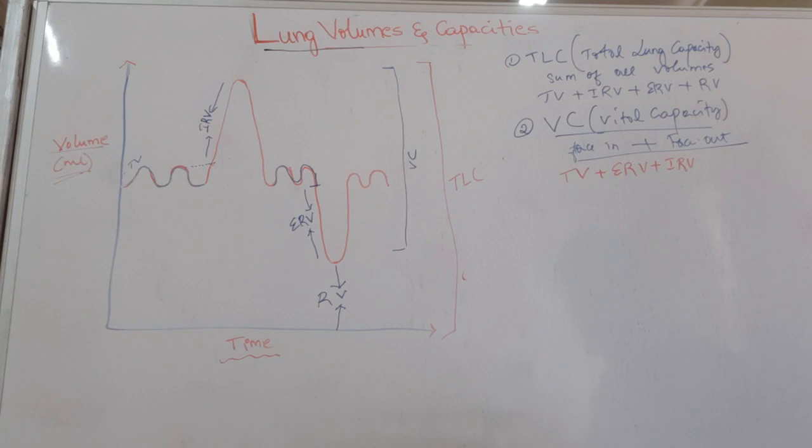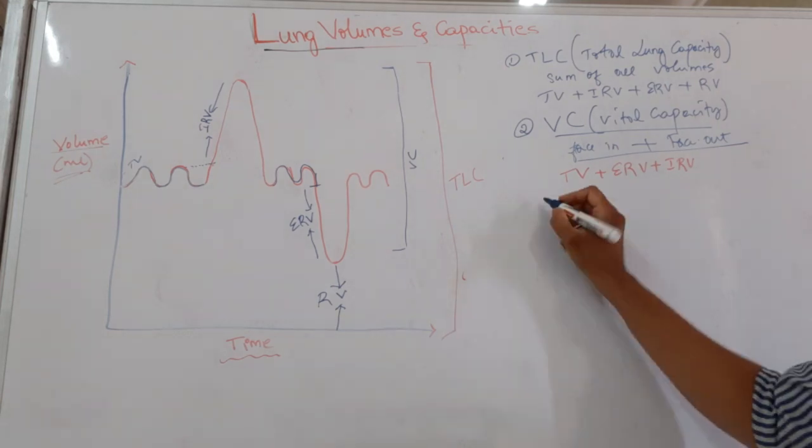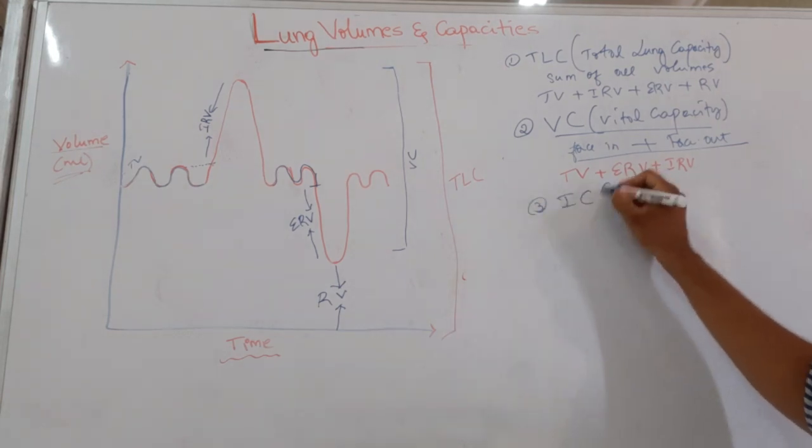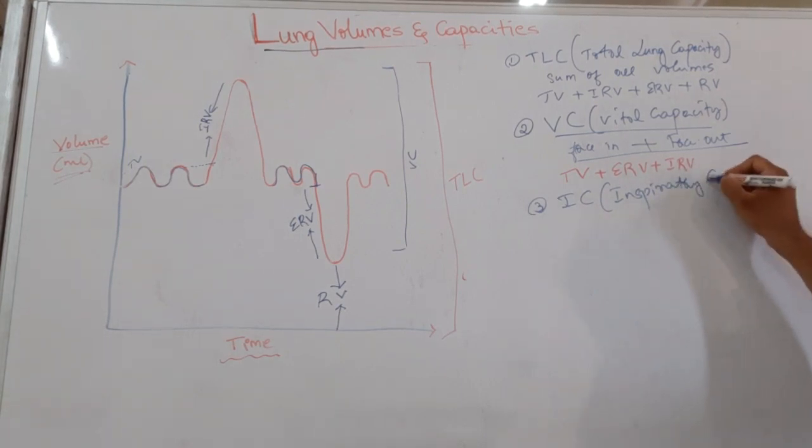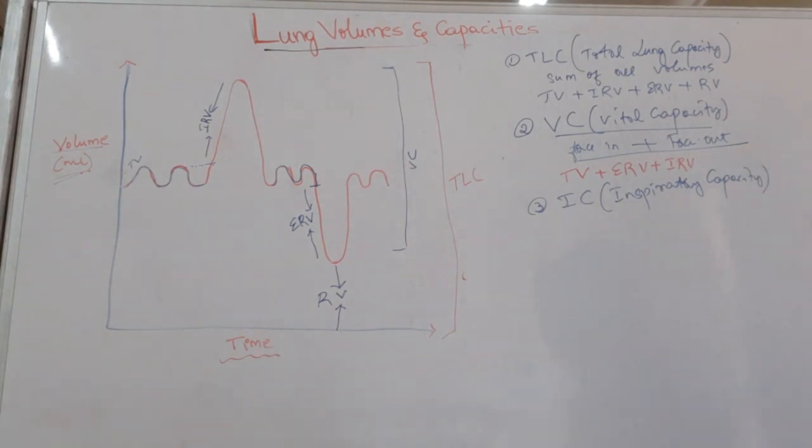The third we have is inspiratory capacity. It is the total volume of air that can be brought into the lungs.